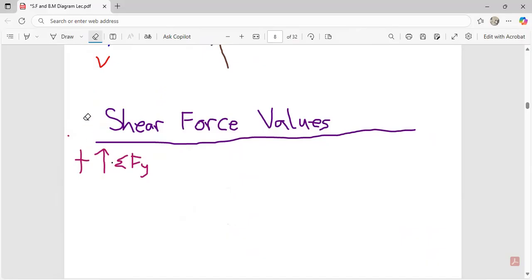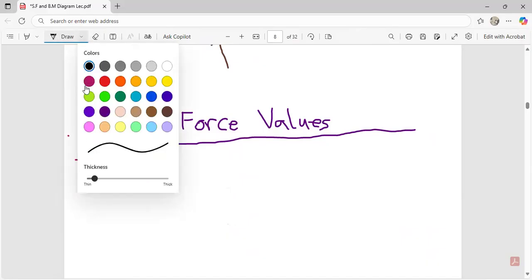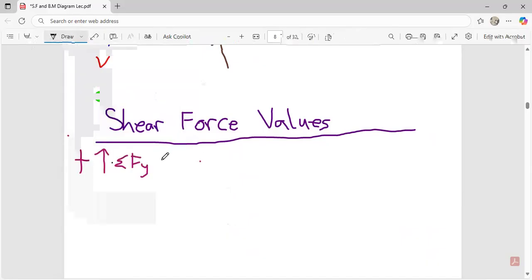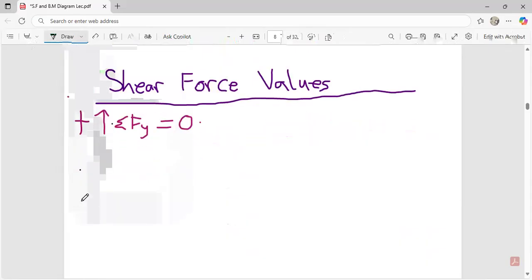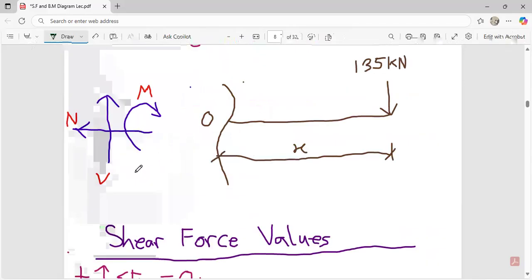Should be equal to 0. All right, so we can proceed now. You realize that V is moving in the y-axis, and 135 is also moving in the y-axis.